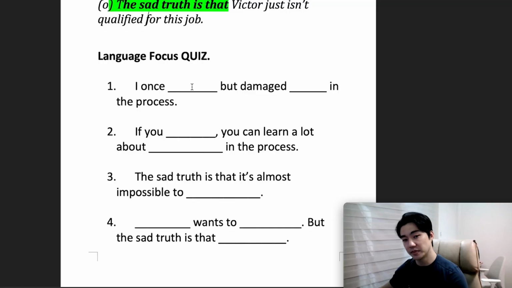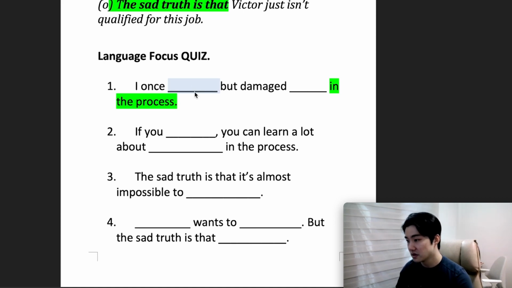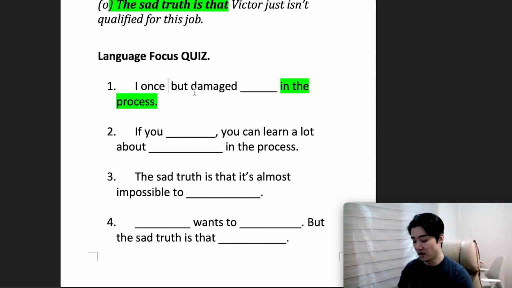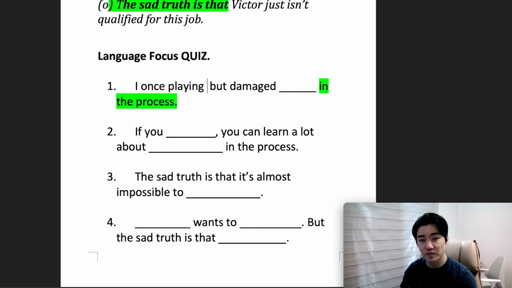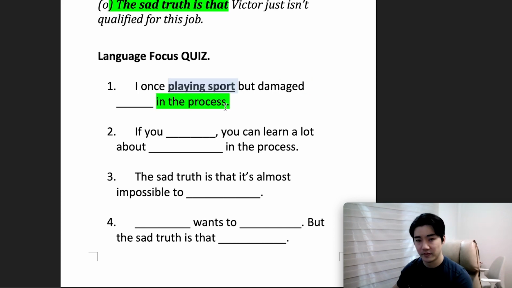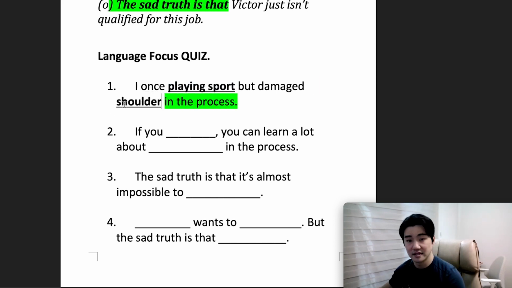I once, but damaged in the process. Do you remember? In the process, what? 진행 중에. So, I once was playing sport, but damaged my shoulder in the process.